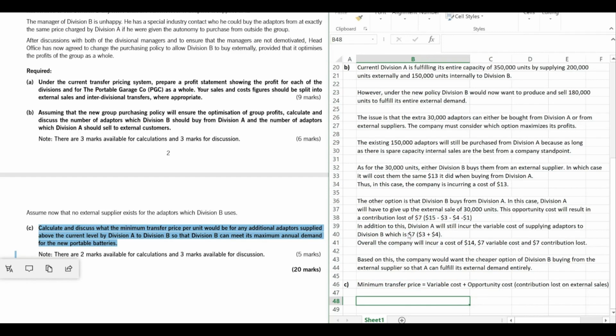Now we're saying that division B cannot buy from external suppliers. What does that mean? That A will have to supply the 30,000 units, so they'll incur a variable cost for supplying them to B, and for those particular 30,000 units they'll incur an opportunity cost because they'll have to give up those external sales.